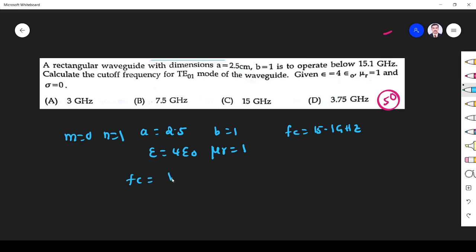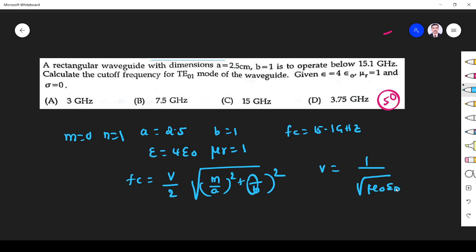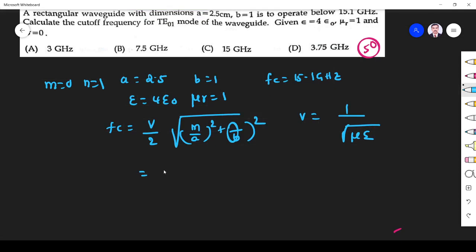Cutoff frequency is given by f is equal to v by 2 root of (m by a) whole square plus (n by b) whole square. But here m, n, a, b we know, but v will vary because v is not for free space. So first we find v is equal to 1 by root of mu epsilon, where mu is equal to mu naught mu r, and mu r is 1.